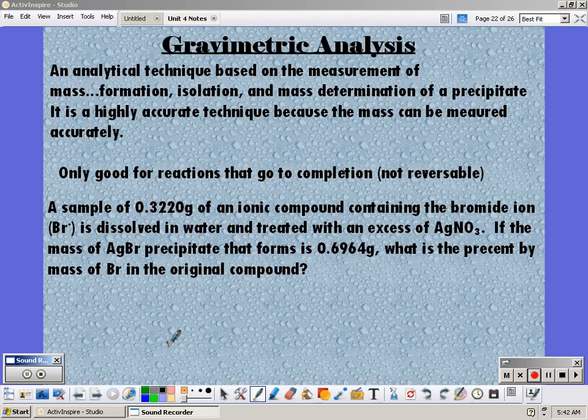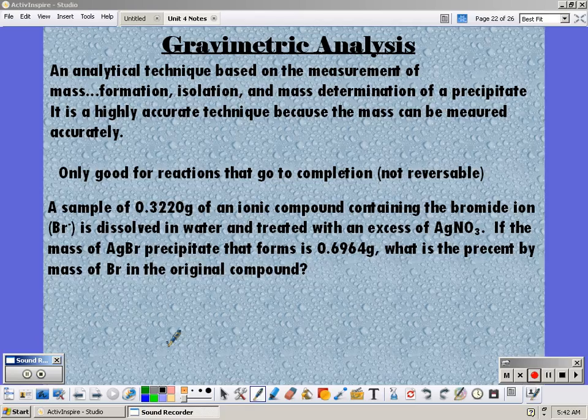Gravimetric analysis is the analytical technique based on the measurement of mass. You typically use it for formation, isolation, and mass determination of a precipitate, which is something that you've done several times already this year. It is a highly accurate technique because the mass can be measured accurately.